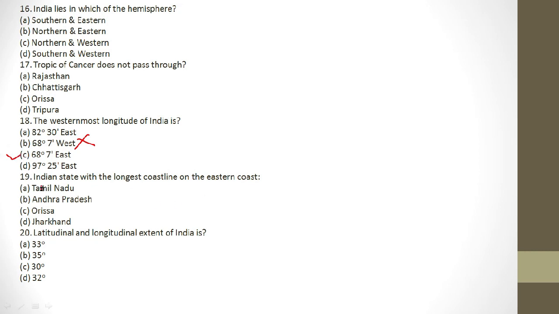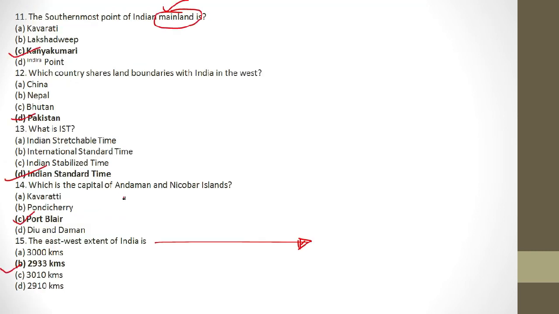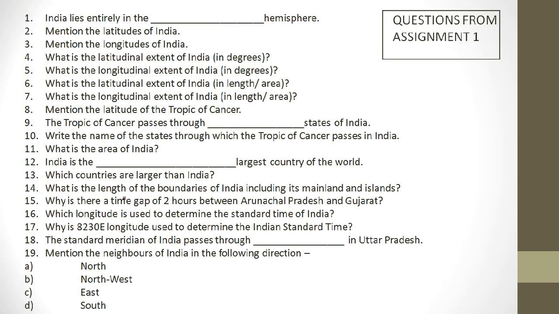Next question is, Indian state with the longest coastline on the eastern coast is, as you have seen. Does Jharkhand have a coastline? No. Now all these three states have a coastline. Okay, now let us go to map of India.